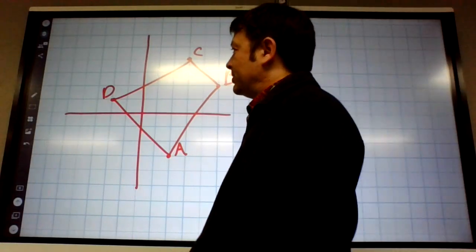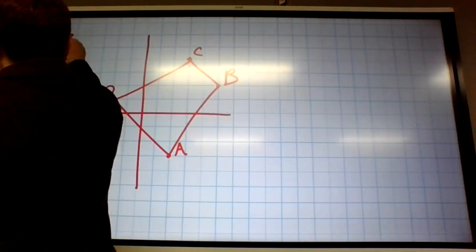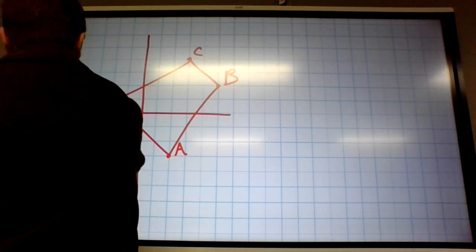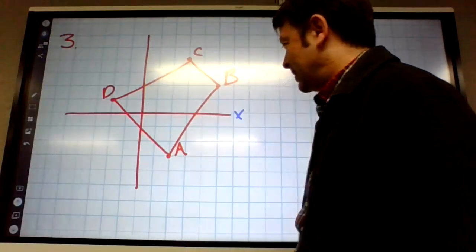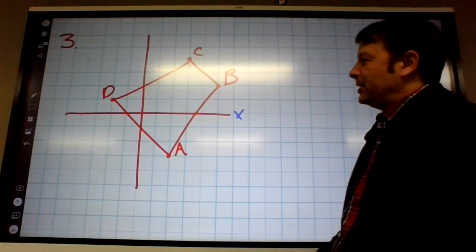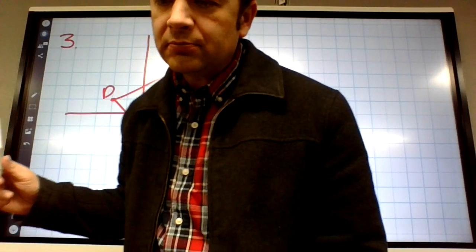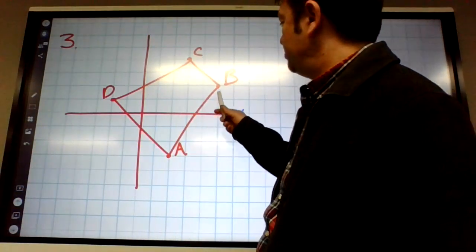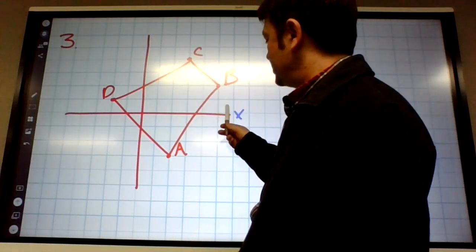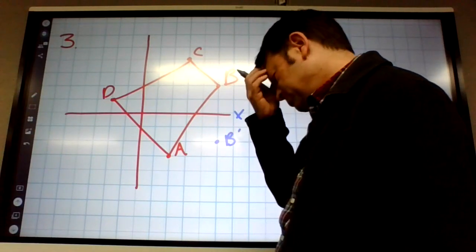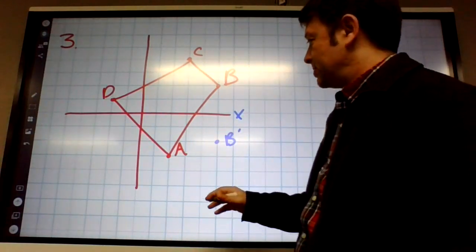Okay, anyways, on number 3, we're supposed to reflect over the x-axis. You guys remember which one was the x? Yeah, it's the horizontal axis. So if B is 2 above the x-axis, its reflection will be 2 below the x-axis, and so on.